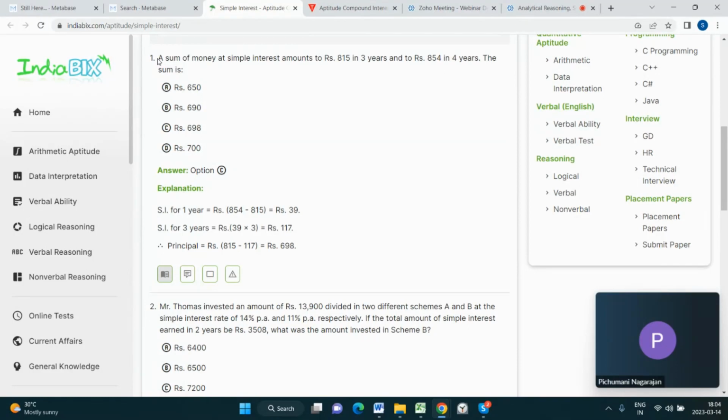In this problem, a sum of money at simple interest amounts to 815 in 3 years. Some amount X has been deposited. That X amount became 815 after 3 years, and 854 in the fourth year. The money that was 815 in 3 years with simple interest became 854 in 4 years at the same simple interest. So what was the money they deposited at first? This is the question.